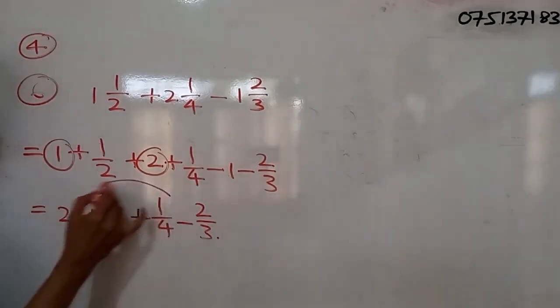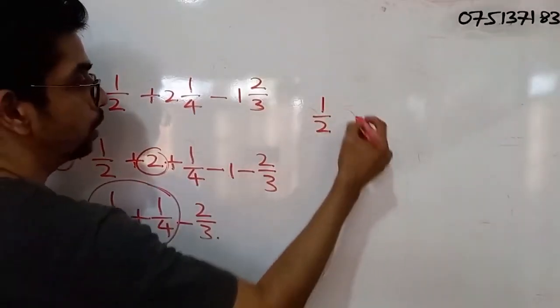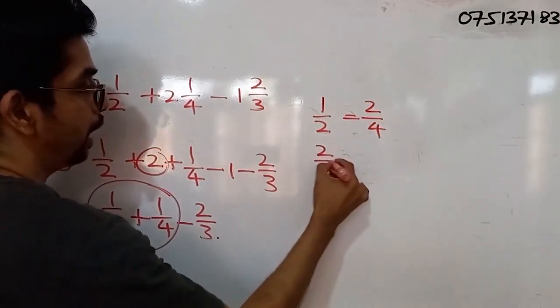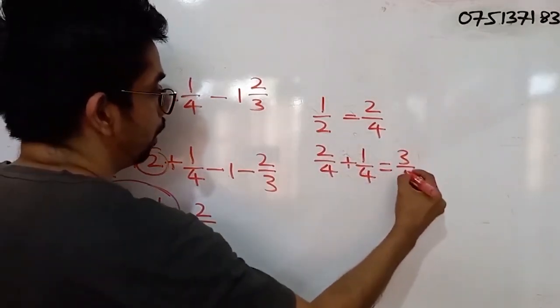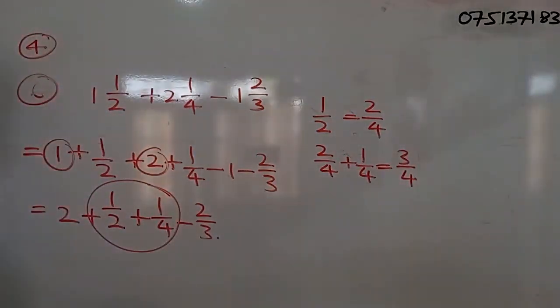So if we take these two fractions, we know 1 by 2, that is what? 2 by 4, no? So if we add another quarter to this, this becomes what? 3 by 4. Right? Now what do we have to do? 2 plus 3 by 4 minus 2 by 3.